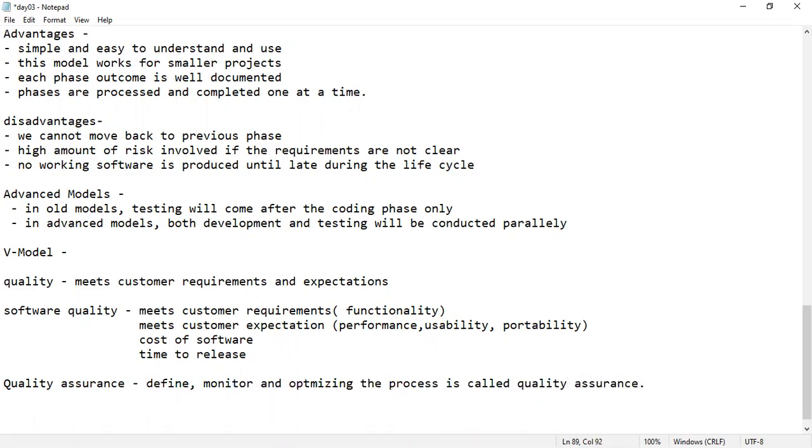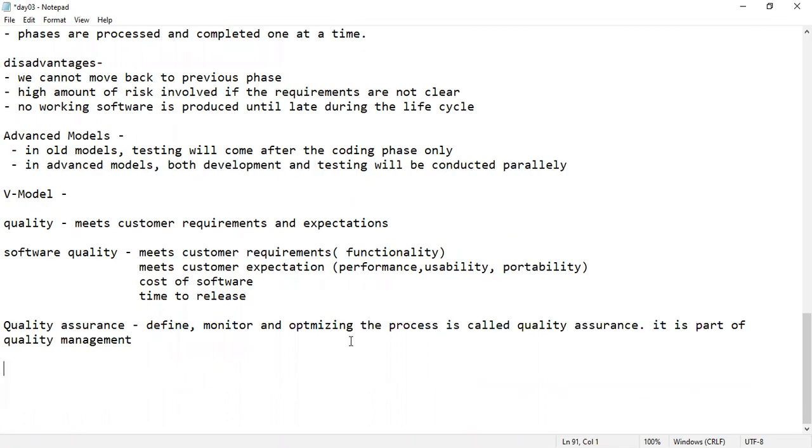It is a part of quality management that we call quality assurance. Quality assurance is nothing but a process to define, to monitor, to optimize the system.